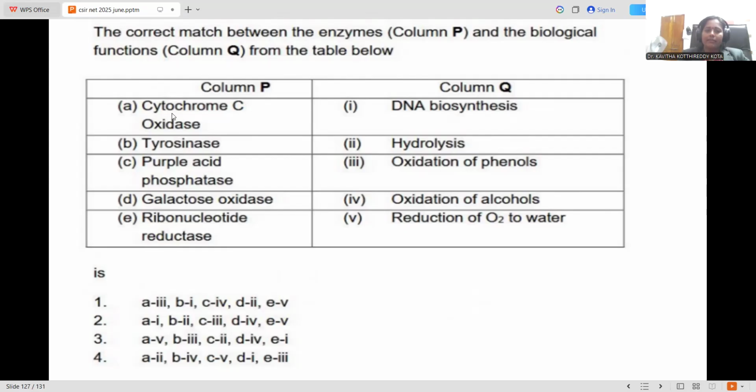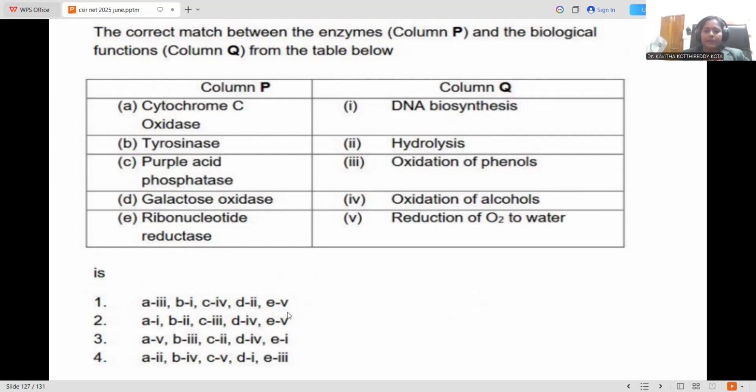Column P has cytochrome c oxidase, tyrosinase, purple acid phosphatase, galactose oxidase, ribonucleotide reductase. Column Q has DNA biosynthesis, hydrolysis, oxidation of phenols, oxidation of alcohols, reduction of oxygen to water. These are the enzymes and their biological activities. We need to identify which one is correctly mapped.